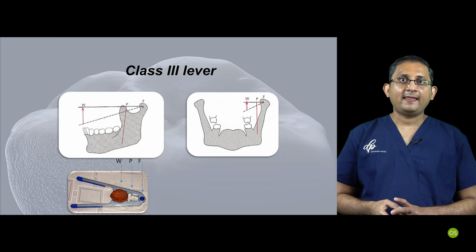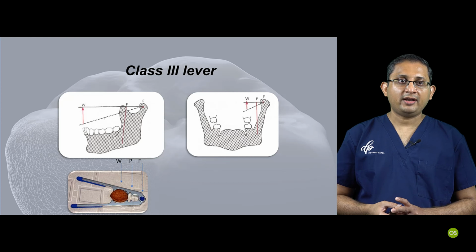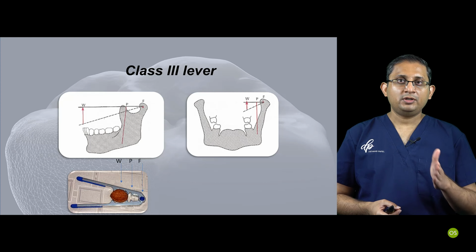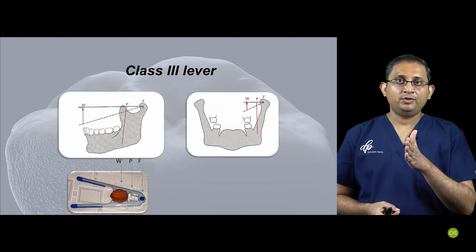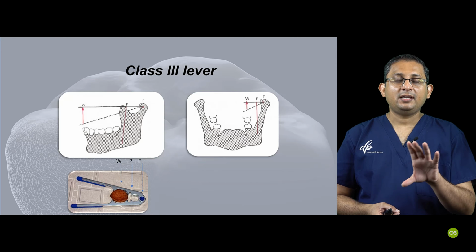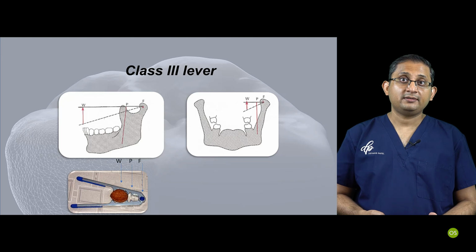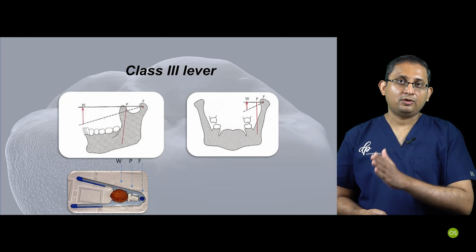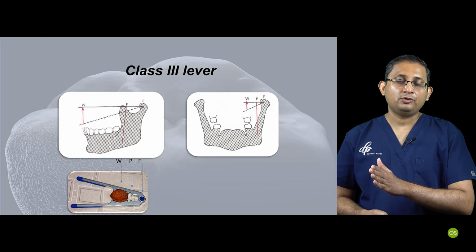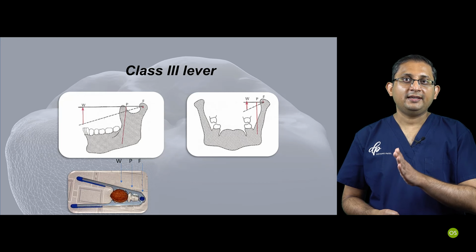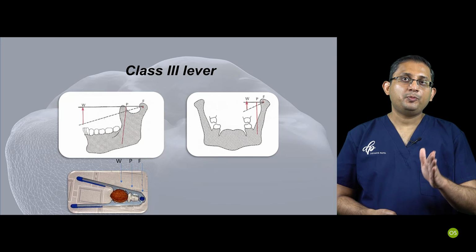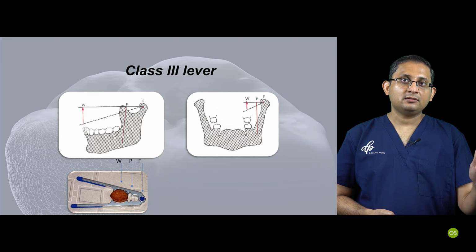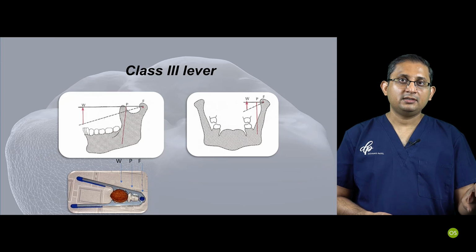Now, if you look at this nutcracker, if you put the nut closer to the joint or where the power is, and if you try and crack the nut, it will crack because the force closer to the muscle is quite high. However, if you put the nut near the handle, right at the tip of the handle, and try and crack it, you will need tremendous amount of force to crack that nut.